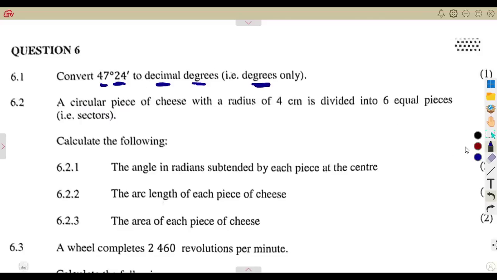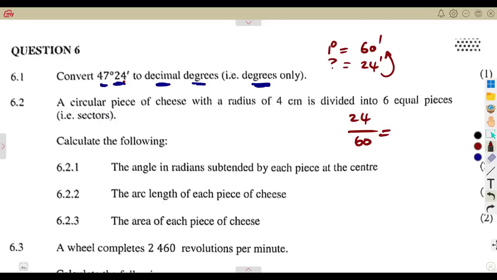So it was a nice question. It was just to convert the 24 minutes to degrees. Remember, 1 degree is equal to 60 minutes. So what about 24 minutes? How many degrees do we have? So we simply divide by 60. That's 24 divided by 60.